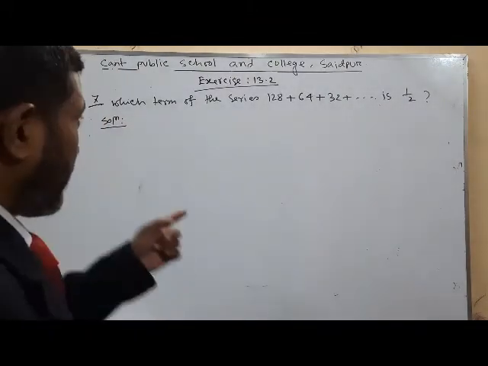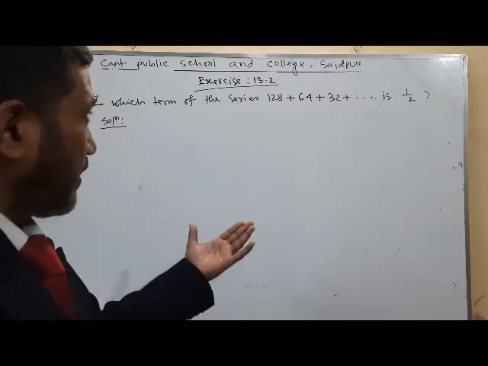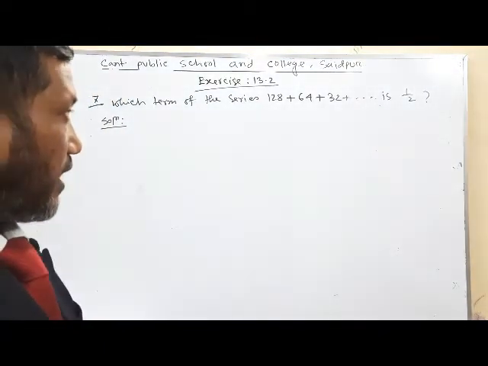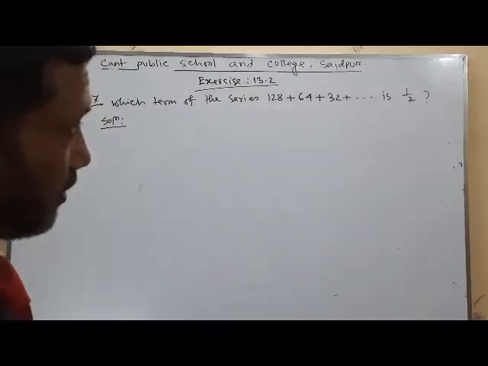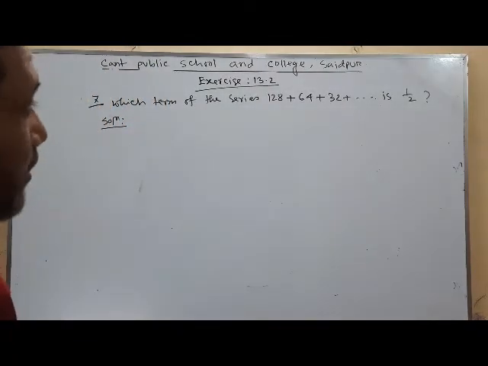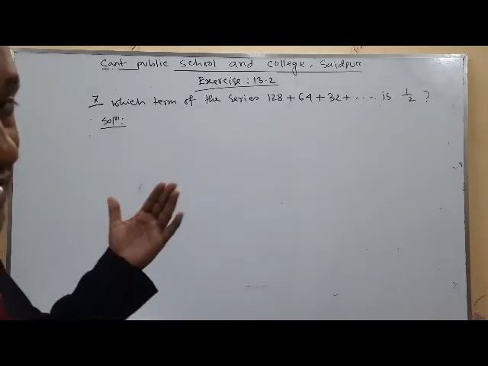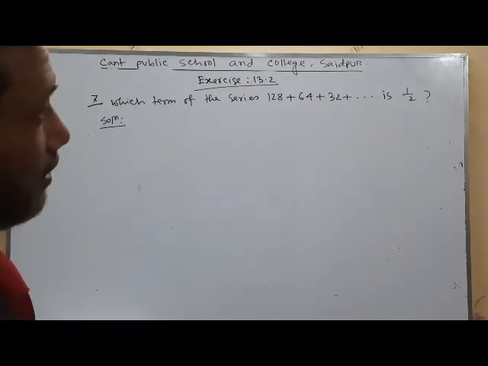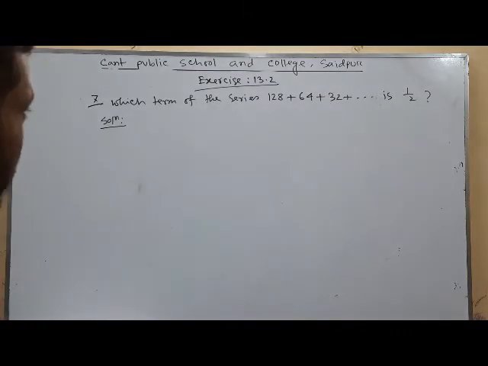Here 64 divided by 128 will be half. 32 divided by 64 is also half. We see the ratio between two successive terms is half. This is a geometric series.